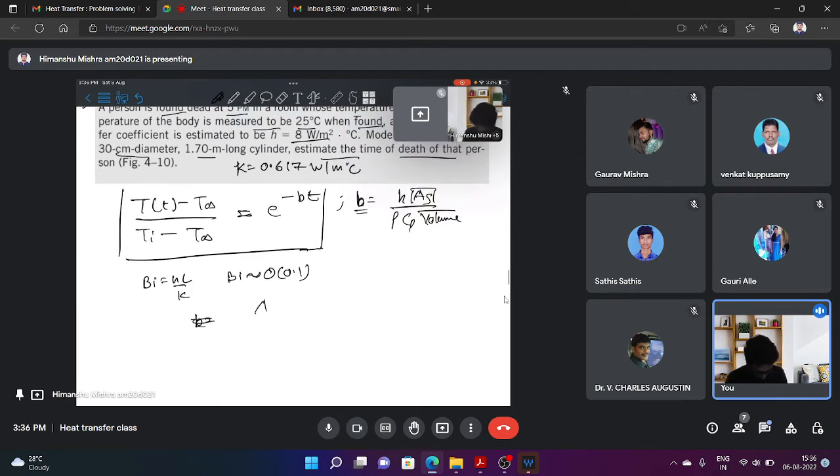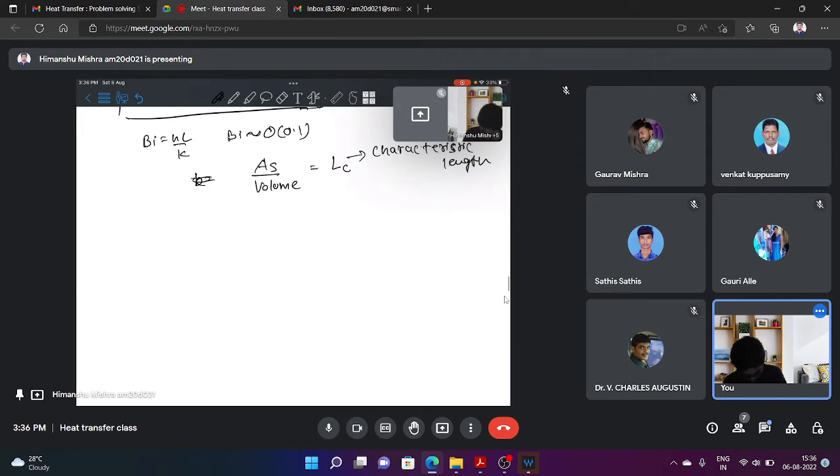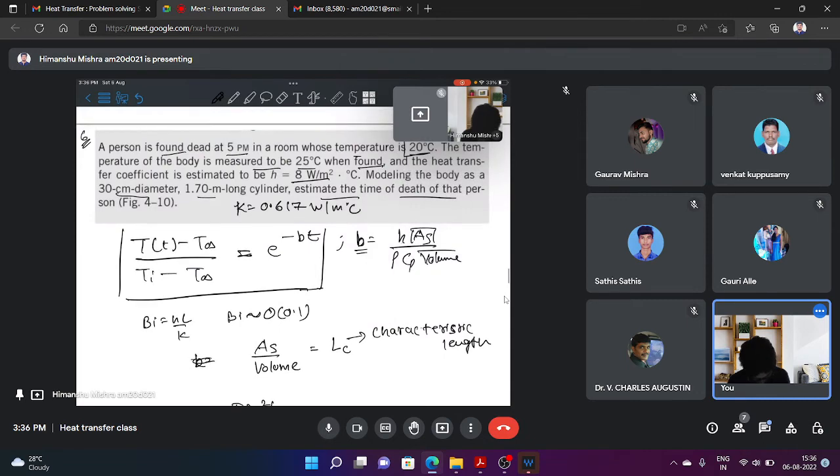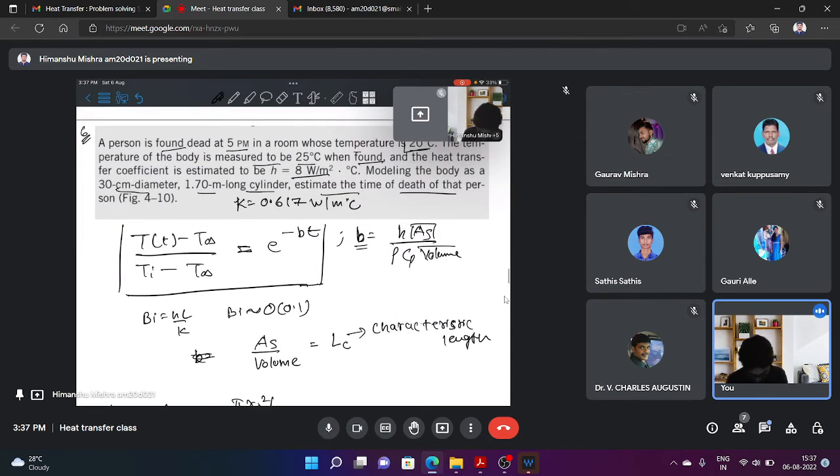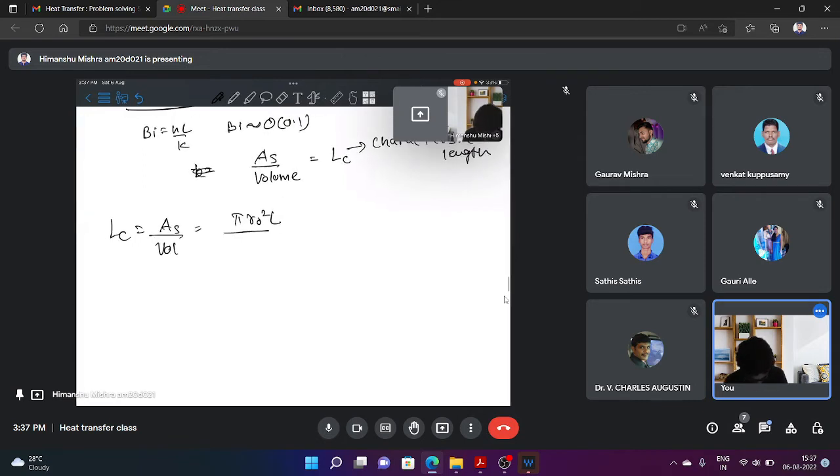We can define this by some characteristic length, like volume over surface area. We can model the body as a long cylinder. This is again a very rough assumption.